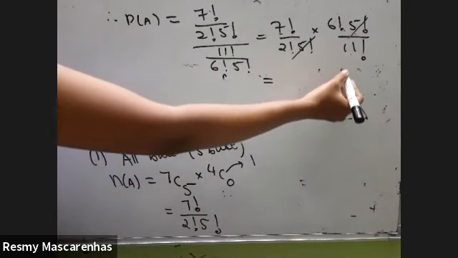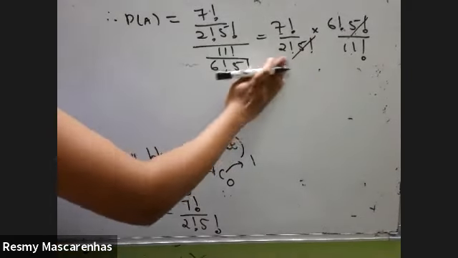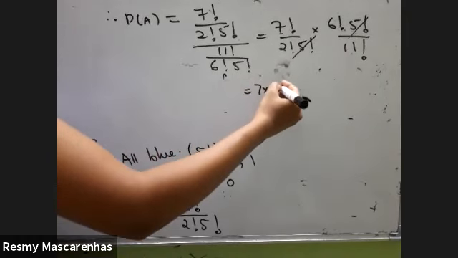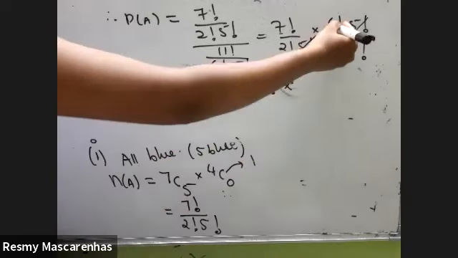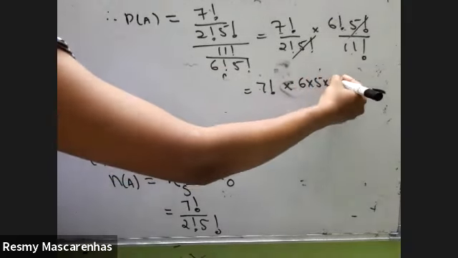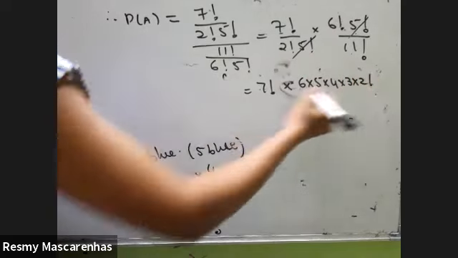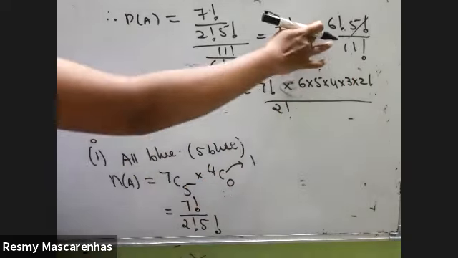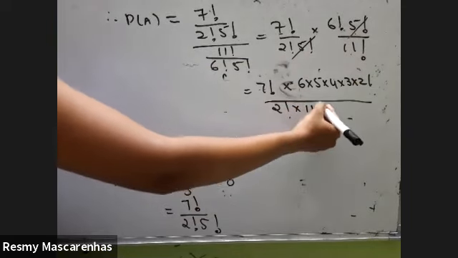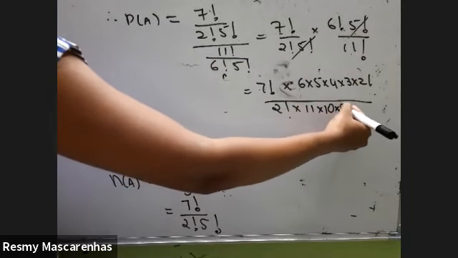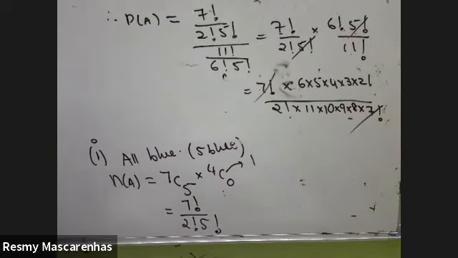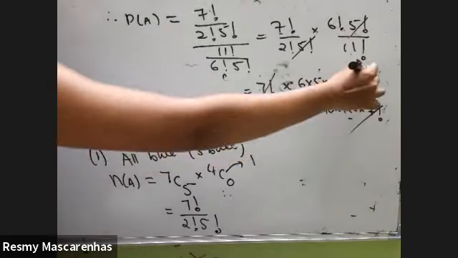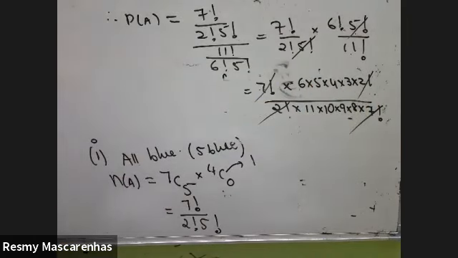Now you split this bigger number, sorry, 7 factorial, then 6 factorial you can split. Multiplications, everything can be made common. 11, 10, 9, 8, stop at 7. So 7 and 7 will cancel. 2 and 2 will cancel. And now cancel the remaining numbers and calculate.